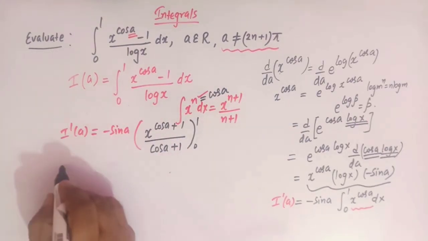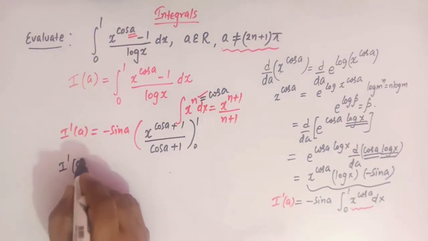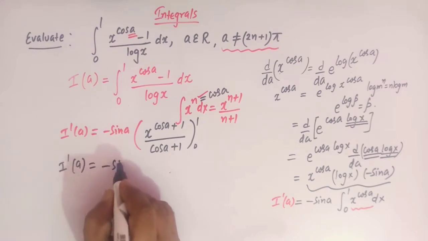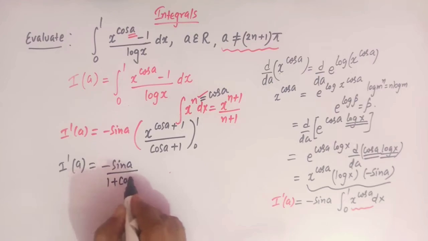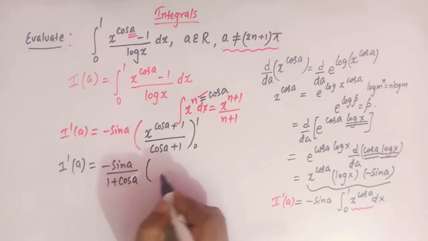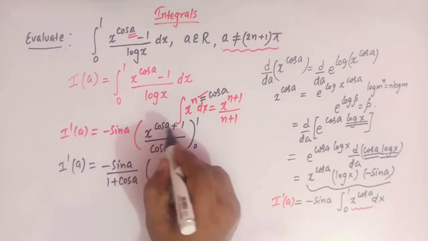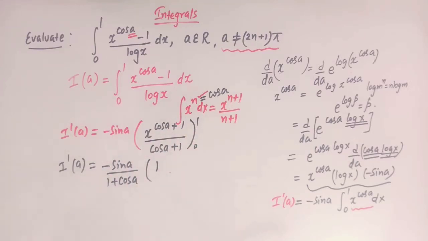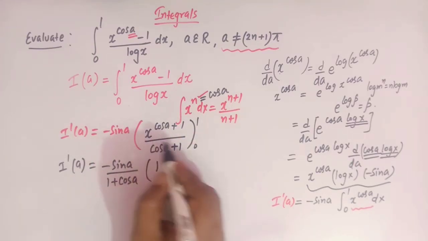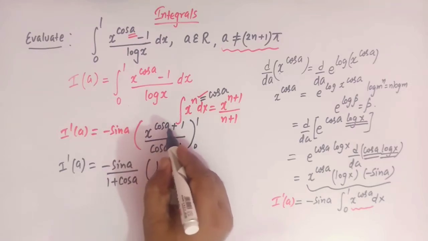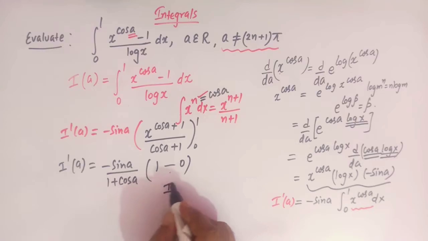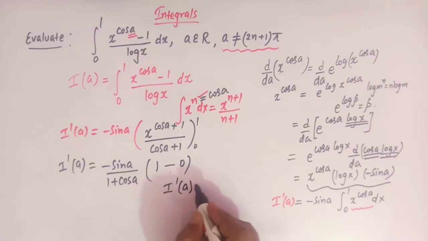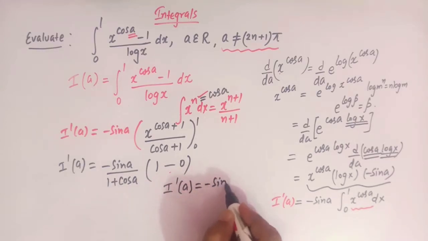Now substituting the limits here and taking the difference, we have minus sine a, we can take 1 plus cos a outside, so we have 1 plus cos a, and when we take 1 raised to cos a plus 1, this is simply 1, and when we take x is equal to 0, 0 raised to cos a plus 1, that is 0, right? So now we are left with I prime of a is equal to minus sine a divided by 1 plus cos of a, right?